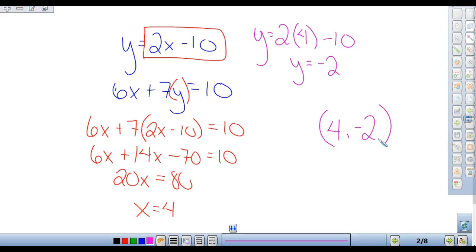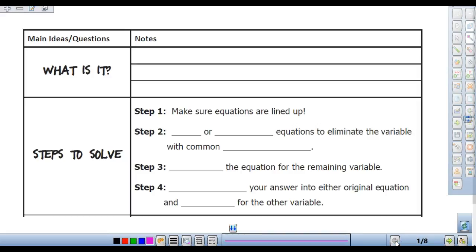Alright, so today we are going to start solving. So today we are solving systems by elimination today.